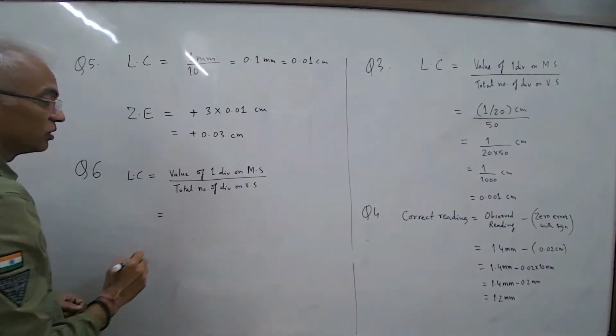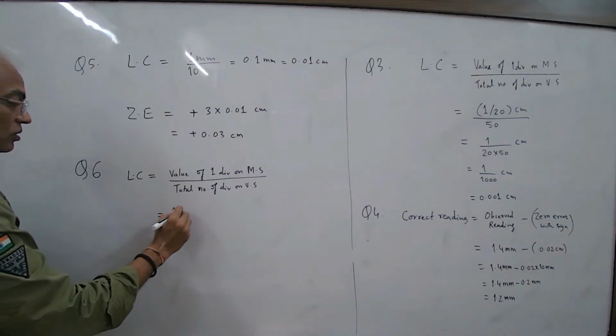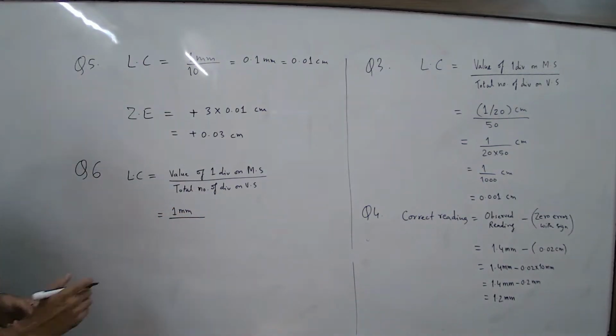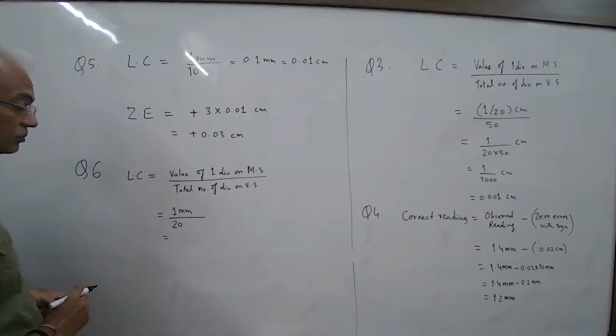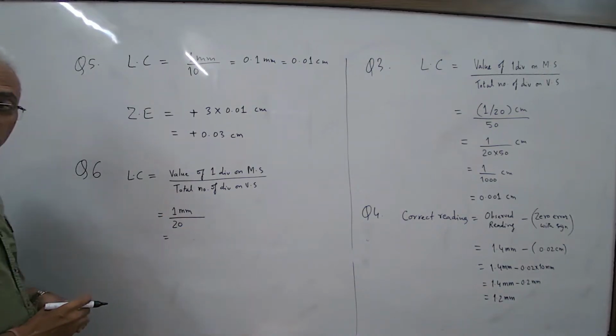So what is the value of one division on main scale? 1 millimeter. What is the total number of divisions on vernier scale? 20. That's it. So what is 1 by 20? Solve.